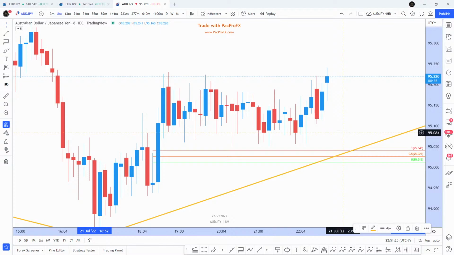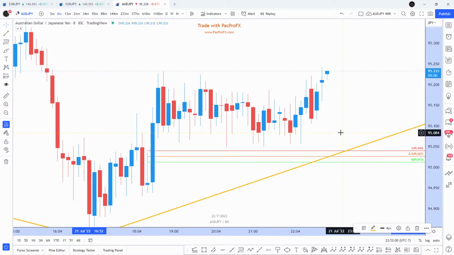So this is where you have to have a lot of patience. And this is only an 8 minute time frame. Imagine if you were on a 4 hour time frame. If you were to wait for a whole day, a couple candles until it gives you a little bit of direction.